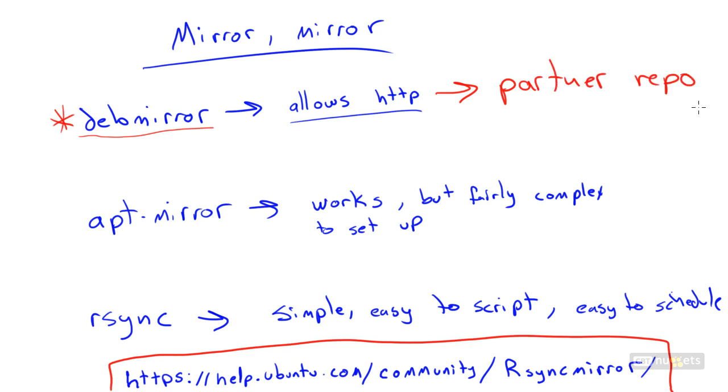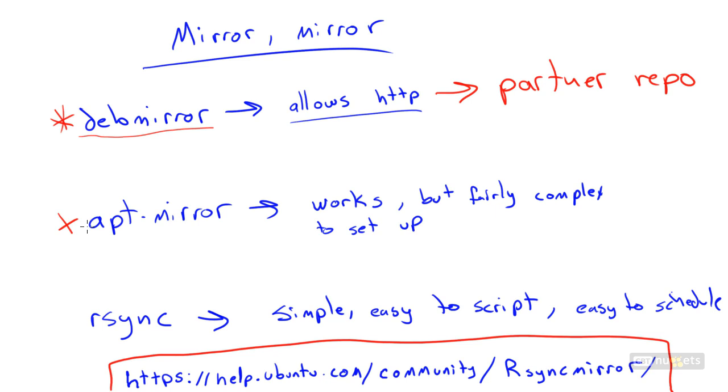Because at least unless it's very recently changed, you cannot do the partner repository over rsync. So debmirror will retrieve the files over HTTP, allowing you to mirror it. I think they don't necessarily want you to mirror this because it's third-party products, but sometimes you're in a situation where you need a local mirror of the partner repository.